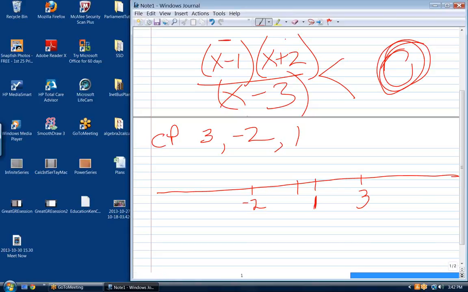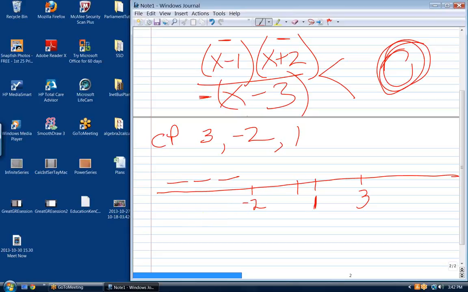Negative. What about this one? Negative. And what about this one? Also negative. So all 3 of those combined? Negative times negative is positive, divided by a negative is negative. So anything to the left of -2 is negative.